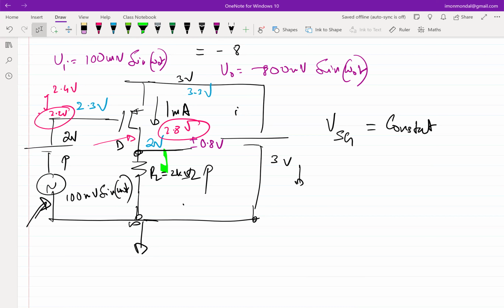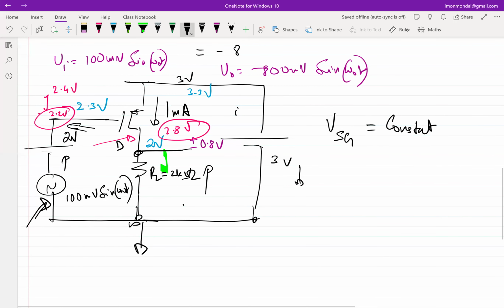2.2 volt. There is a maximum condition on VD, right? So input is at 2.2 and the drain voltage is at 2.8. Okay, let me ask you this way. Let's say I take an isolated transistor. Forget about the source. The transistor is on, and this is the 2.2 volt.